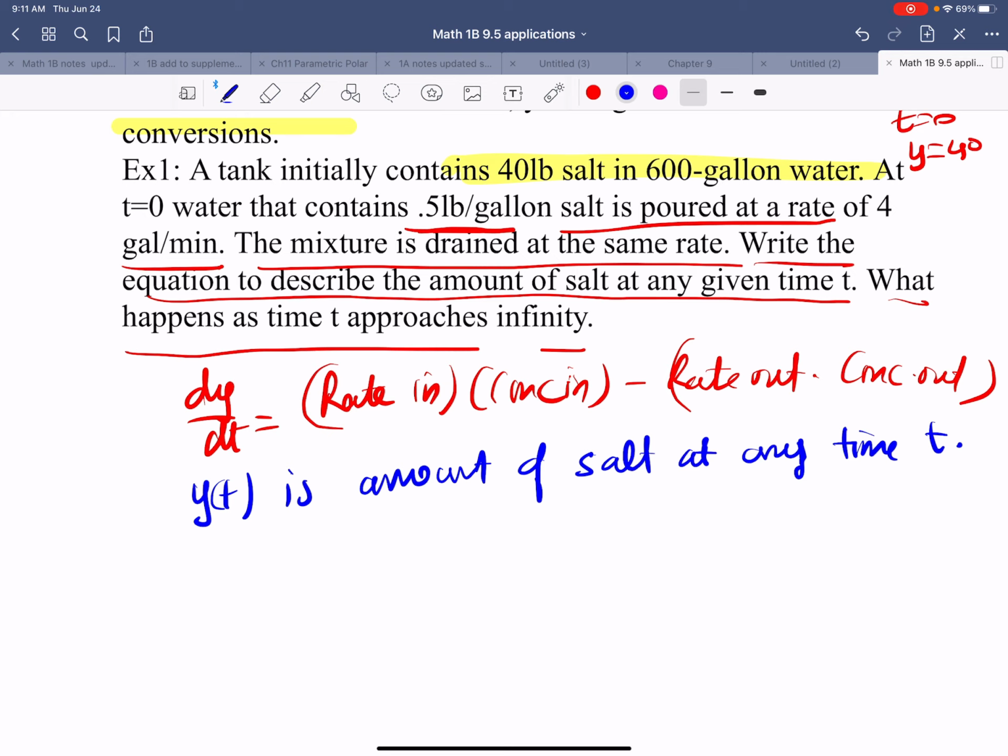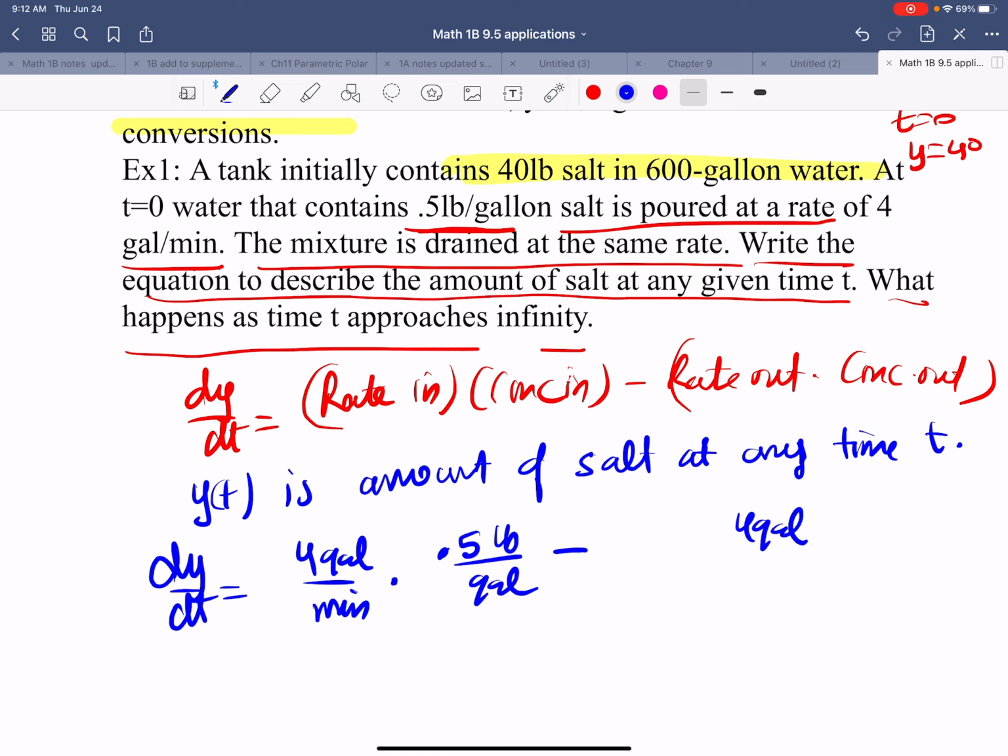So dy/dt is equal to rate in. At what rate are we pouring things in? We are pouring at 4 gallons per minute, times the concentration in, 0.5 pounds per gallon, minus the rate out, which is again 4 gallons per minute, since it's getting out at the same rate.